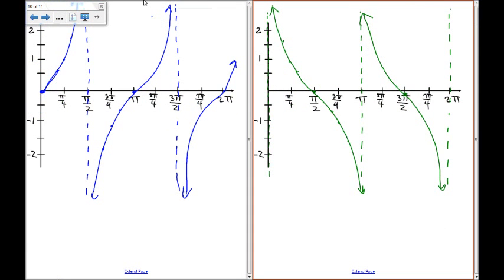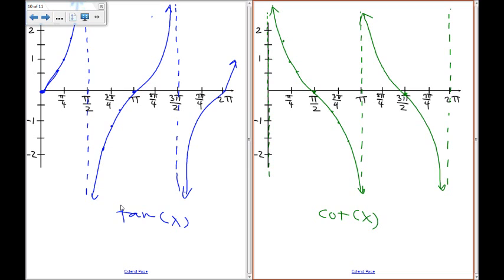So this is the graph of tangent of x, and this is the graph of cotangent of x. Okay, so notice a couple of things. First thing to notice is that tangent of x is kind of going up as you go across. Okay, the cotangent is kind of going down as you go across. Okay, the second thing to notice is they both have asymptotes, but they're at different places.